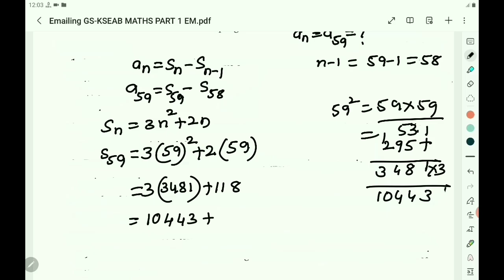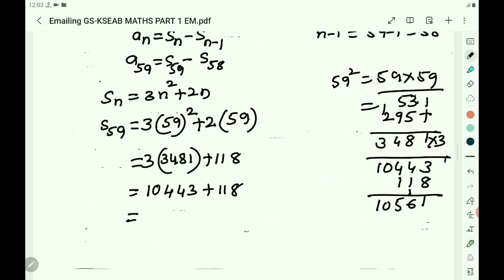10,443 plus 118. Add 118 to 10,443. 3 plus 8, 11. 4 plus 2, 6. 4 plus 1, 5, and 10. So I got 10,561.